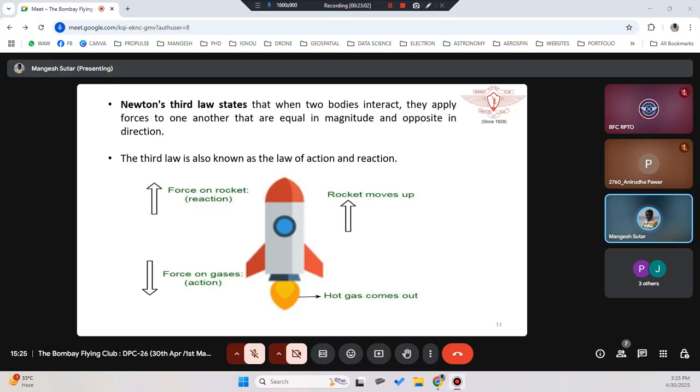Since the aeroplane is designed aerodynamically, it will still glide. It will not automatically fall down there itself.